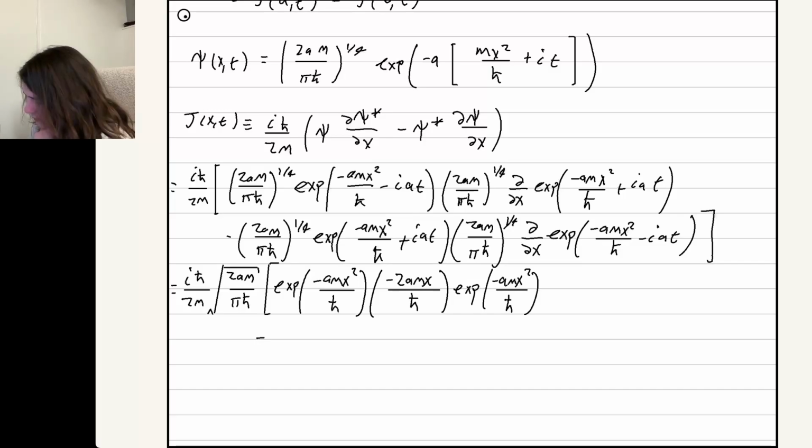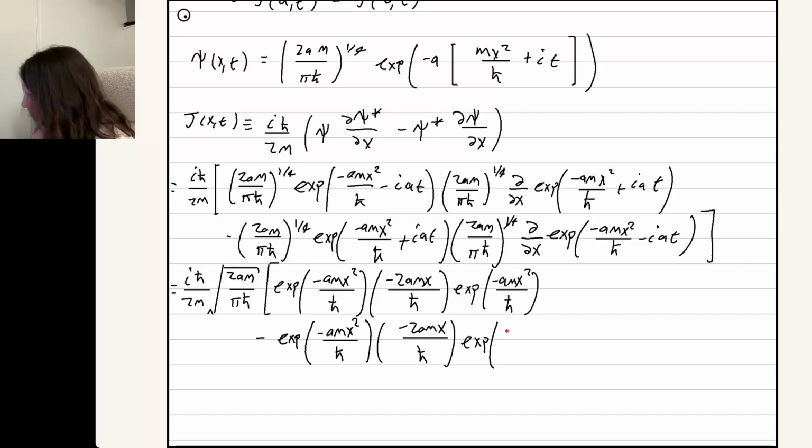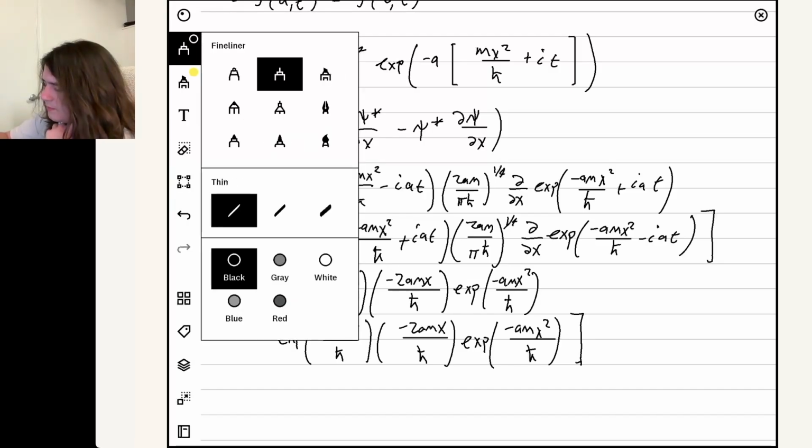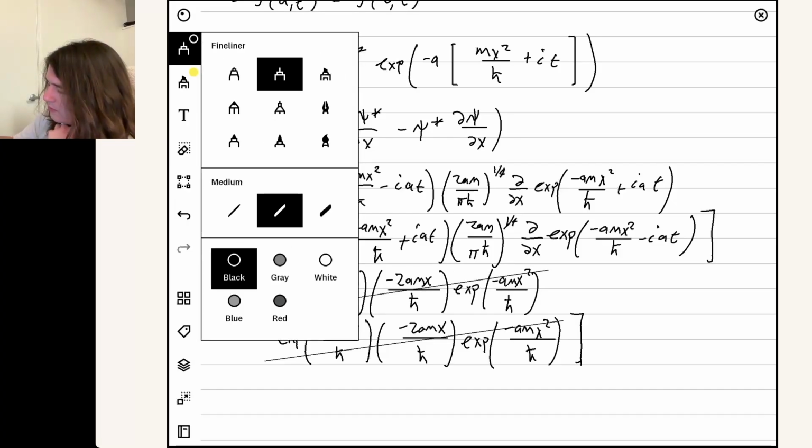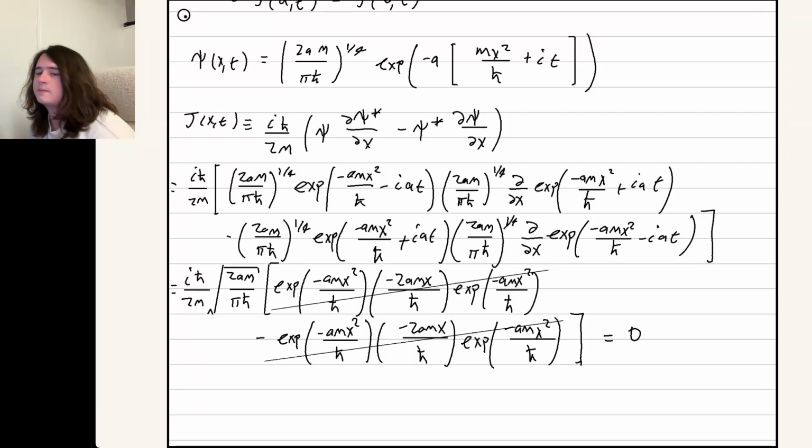Then we have minus exp of minus amx squared over ħ times minus 2amx over ħ times exp of minus amx squared over ħ. And hey, they cancel out because these two big terms are the same. So it turns out the probability current for this wave function is 0. Fun.